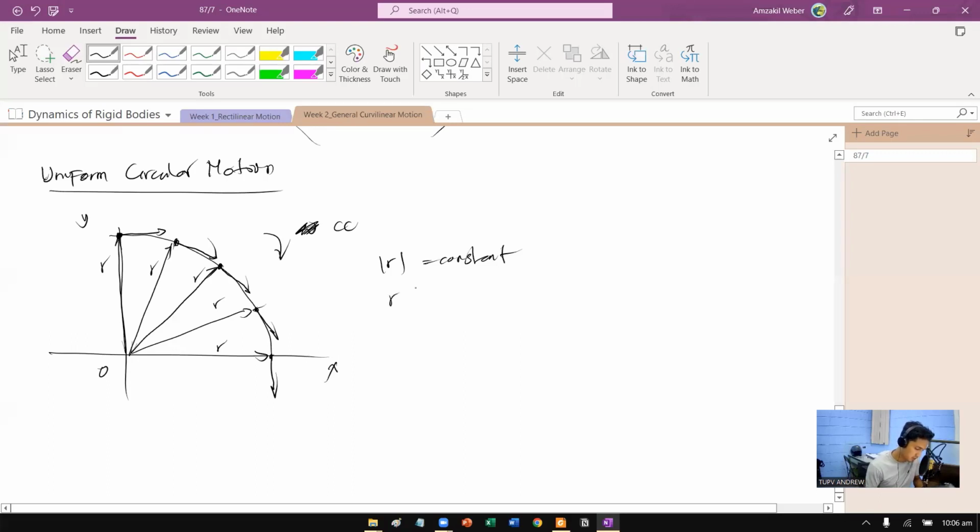The R itself changes in its components, X and Y. And since velocity is equal to dr/dt, and it is tangent, our velocity is just rotating along the path of the circle.